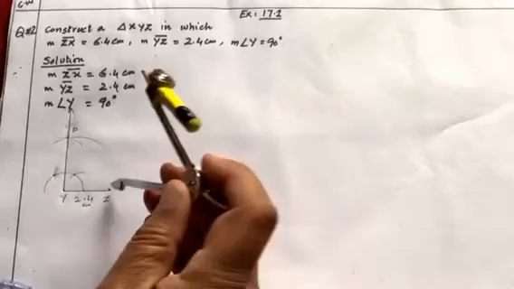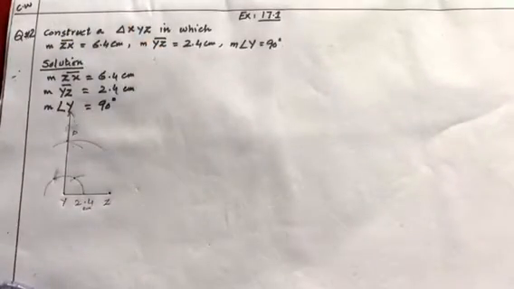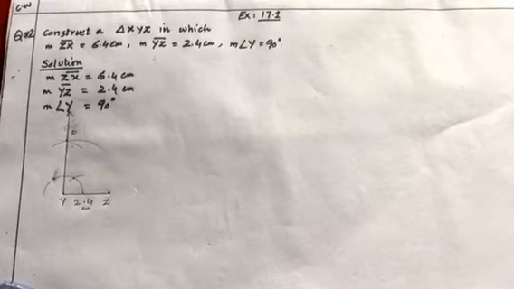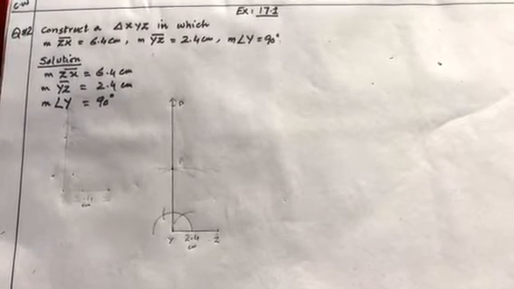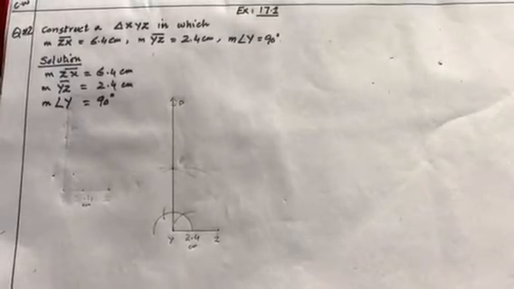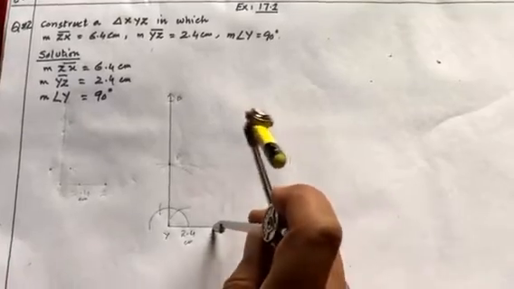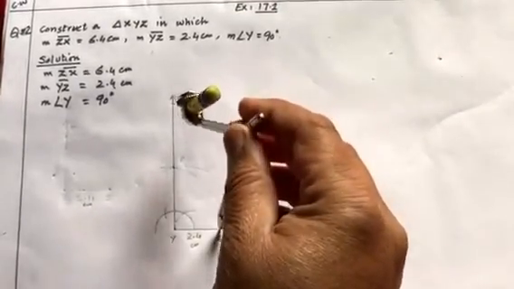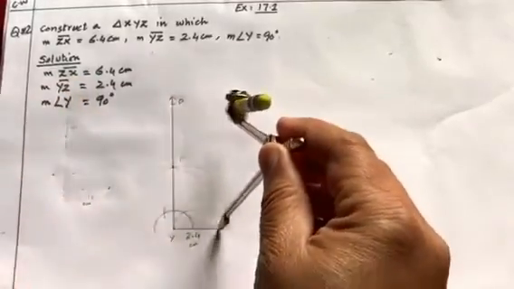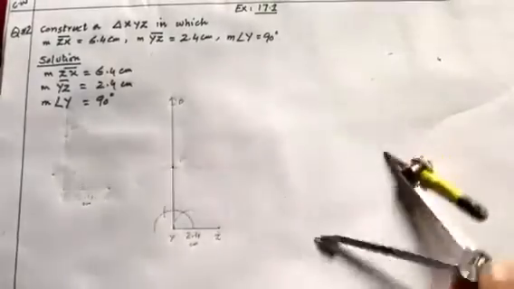Now taking Z as the center, with the compass open to 6.4 centimeter radius, we will place the compass at point Z and cut YP at a point. We give this point the name X.